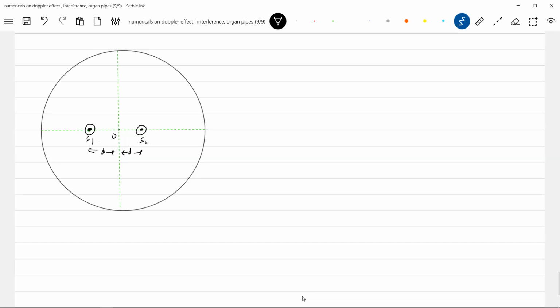Let me take this particular point where OP is equal to r. These two are coherent sources, S1 and S2 are coherent, and let lambda be the wavelength of the waves.